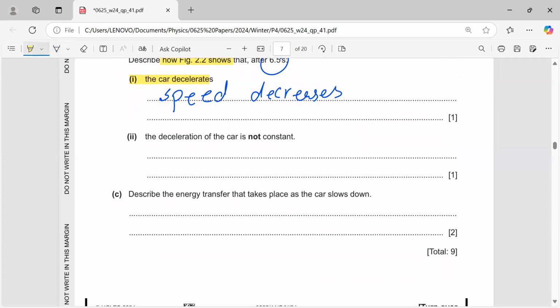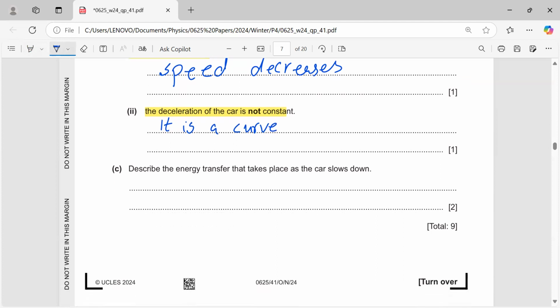Second thing is that the deceleration of the car is not constant as it is a curve. The graph shape is actually a curve. You can just write that it is a curve. That's why our gradient is continuously changing, and that's why the deceleration is not constant.